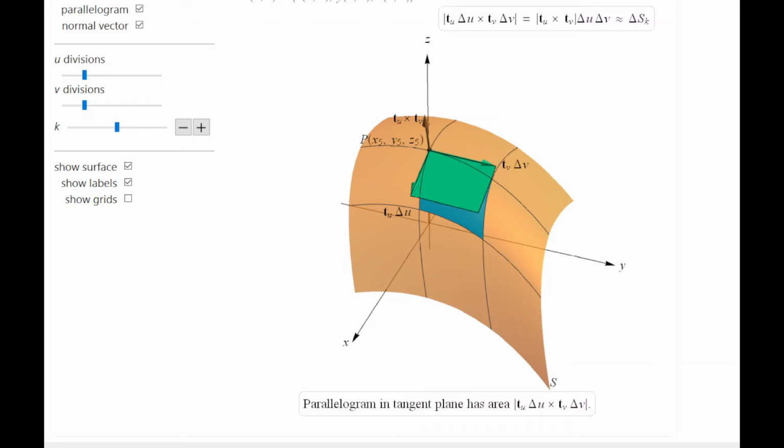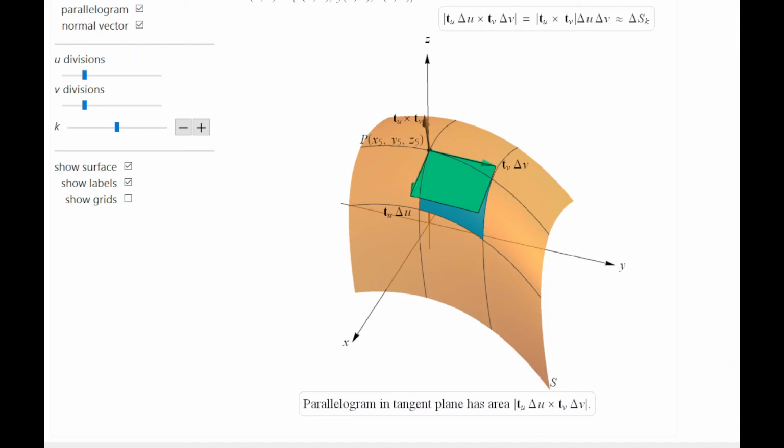Now you cross these together, and what do you get? That's the area of the parallelogram. We looked at that when we talked about the cross product. So the magnitude of the cross product of Tu cross Tv is the area of that parallelogram. And as you take the limit as delta u and delta v go to 0, you get the exact area of an incredibly small patch.